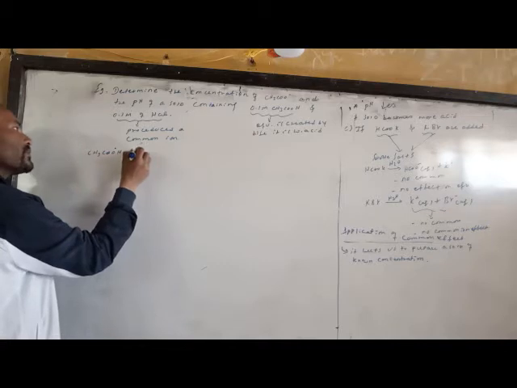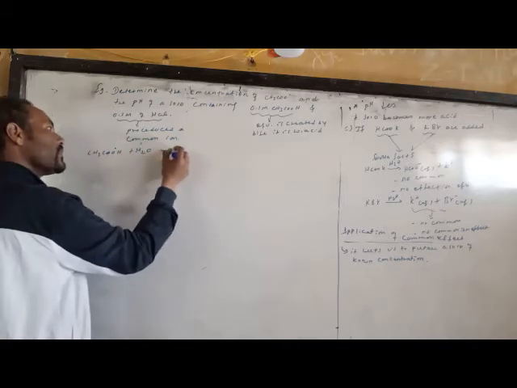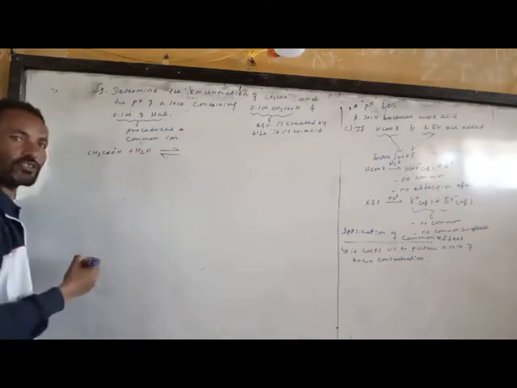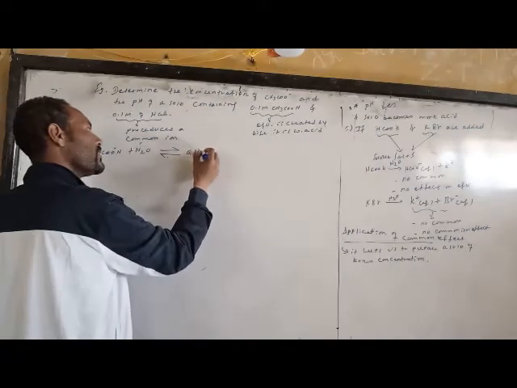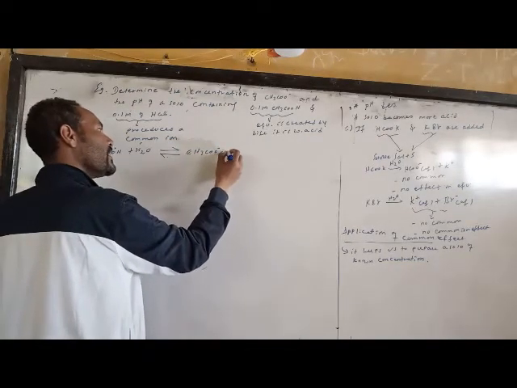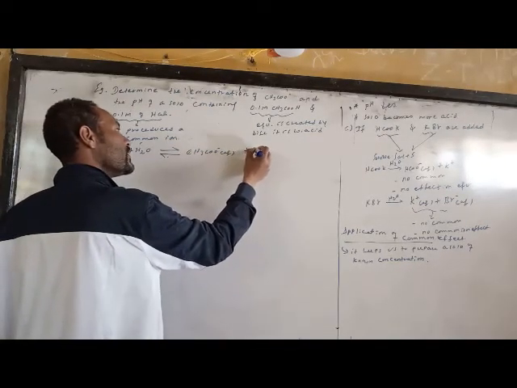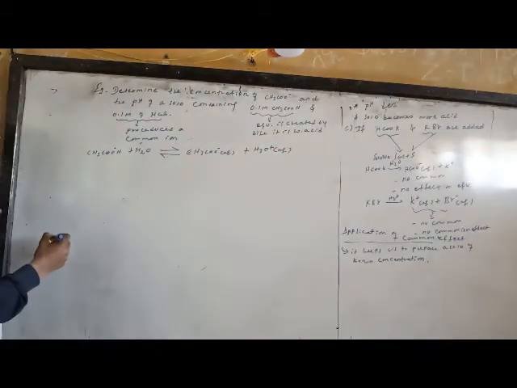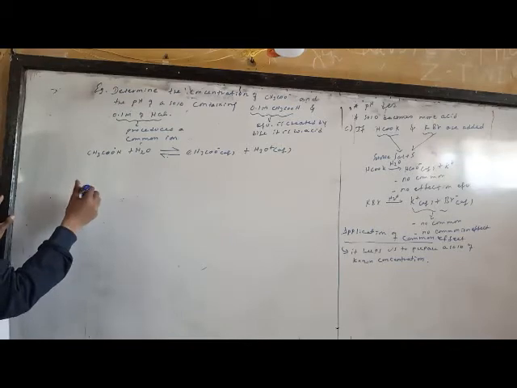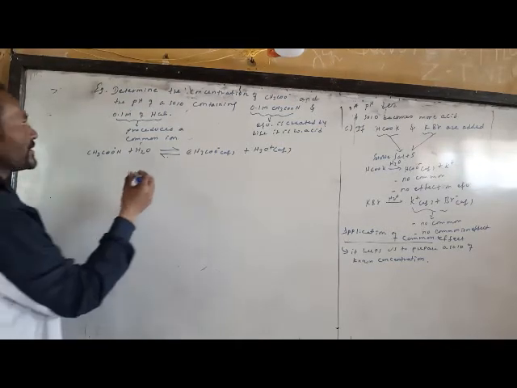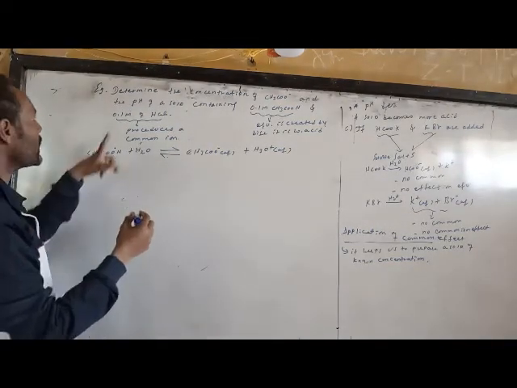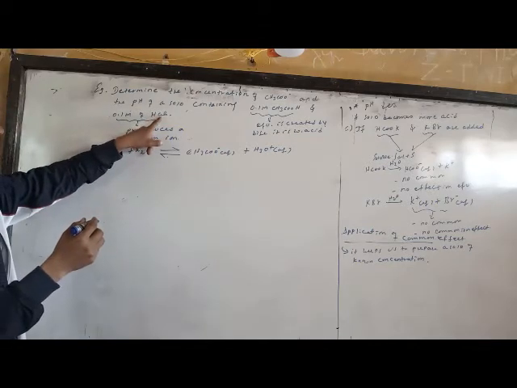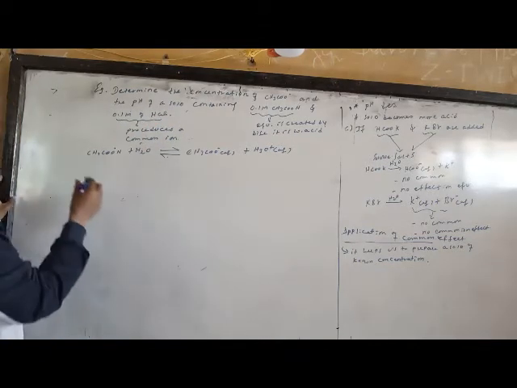When acetic acid gets water, it will partially dissociate and form acetate ion and hydronium ion. Now, the common ion created by hydrochloric acid is hydronium ion.